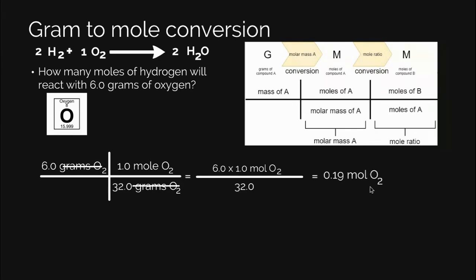Now we can take this amount of oxygen and relate it back to our chemical equation. We can move forward in our map here. So we start with grams, we went through the conversion with a molar mass, and now we have the number of moles. Well, now we can go from this number of moles, use the mole ratio to get the amount of moles of our second substance. So in this case, we're trying to compare oxygen to hydrogen.